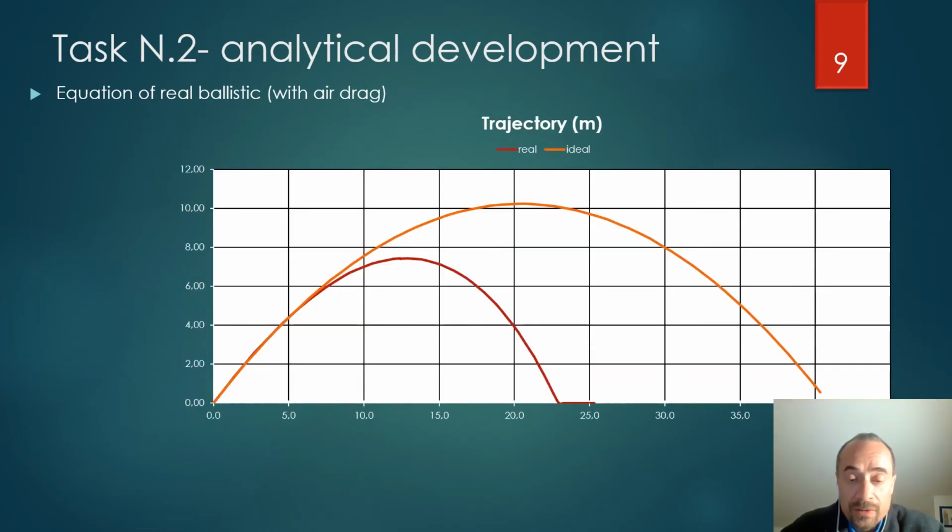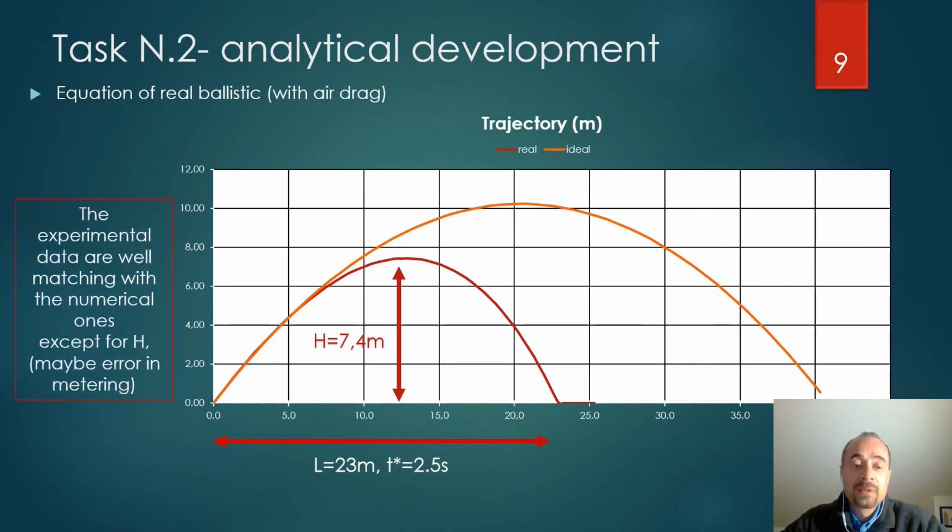Those are the charts given by the two equations. The orange is the ideal case, the red the numerical one, from which we get 7.4 meters the high and 23 meters the range over 2.5 seconds of flying time. The experiment data are quite comfortable because they are giving the same values for range and for time.